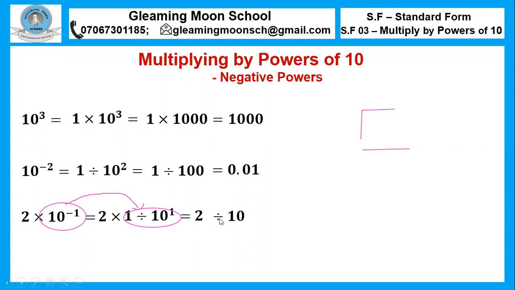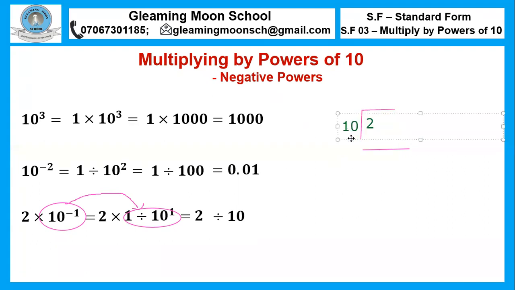So it's simply 2 divided by 10. So we go back to our long division again. This time we are dividing 2 by 10. How do we do that?